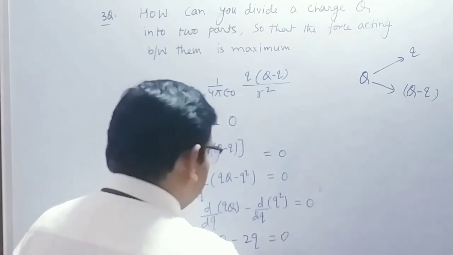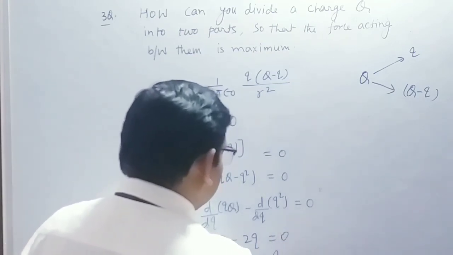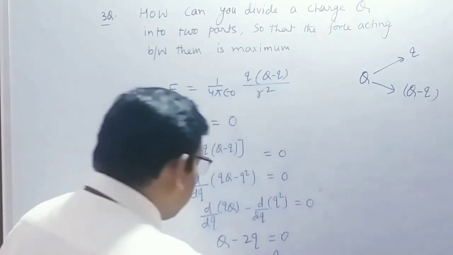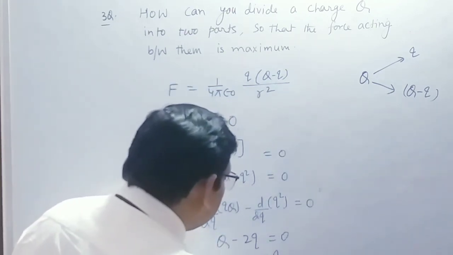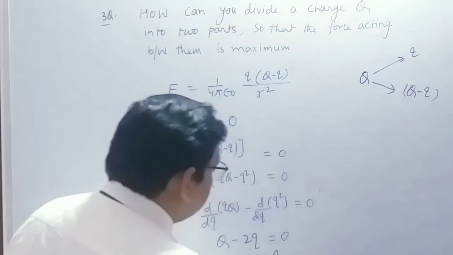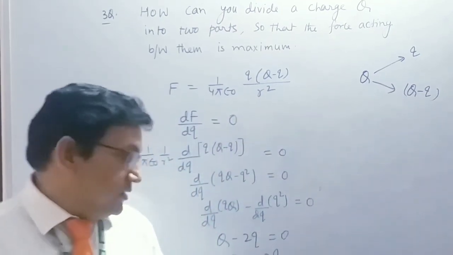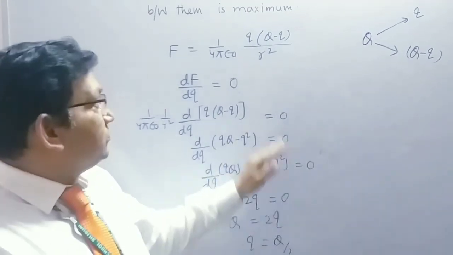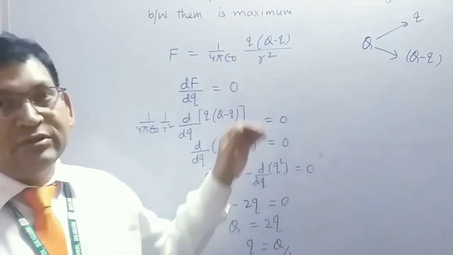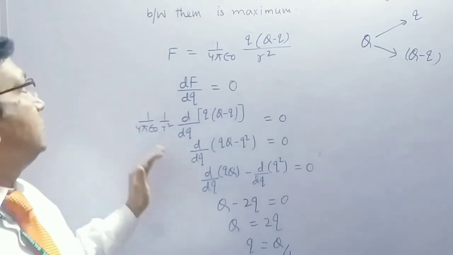So Q is equal to 2q, right? So what is the value of q? Q by 2. So the charge must be divided into equal amounts so that the force between them is maximum. So that is the third question.